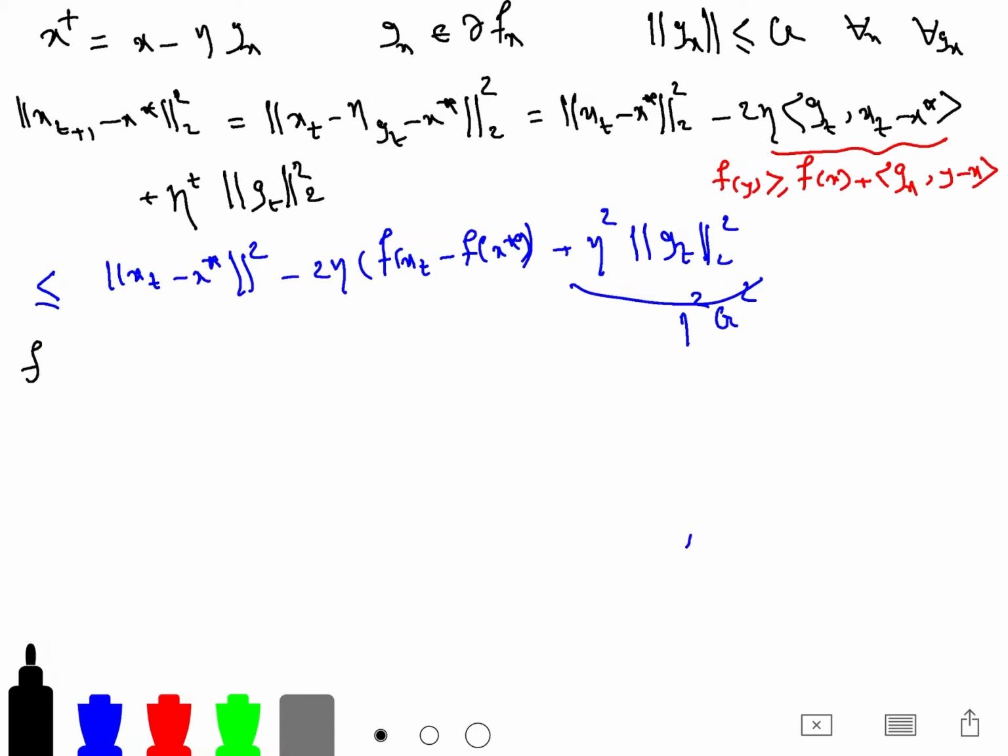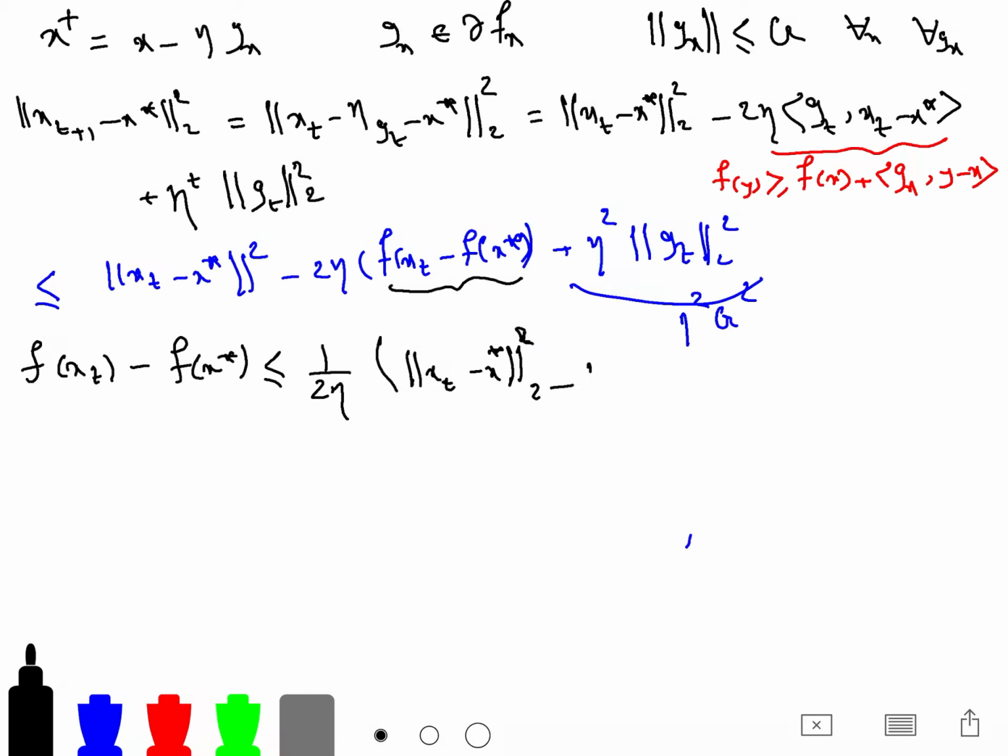So f of x_t minus f of x star, I just put this on the left side, is less than or equal to 1 over 2 eta times x_t minus x star squared minus x_{t+1} minus x star squared, plus eta over 2 G squared.